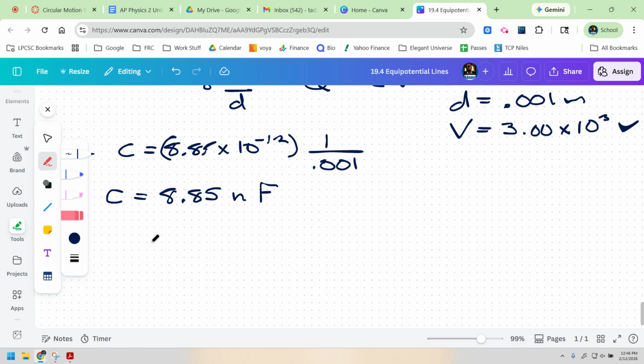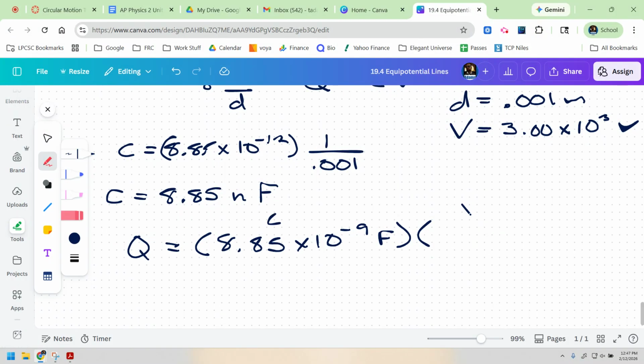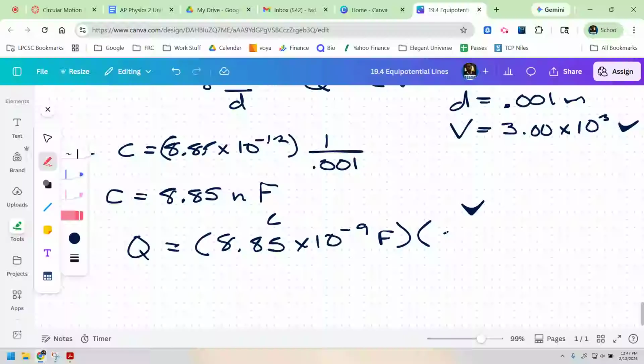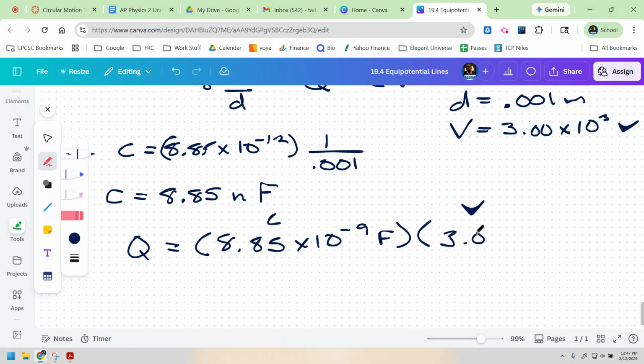And so then to find the charge, we're just going to take the capacitance, which we now know is 8.85 nanofarad, so I'm just going to say times 10 to the negative 9 Farad, times, remember this is the capacitance times the voltage, 3.00 times 10 to the third volts.